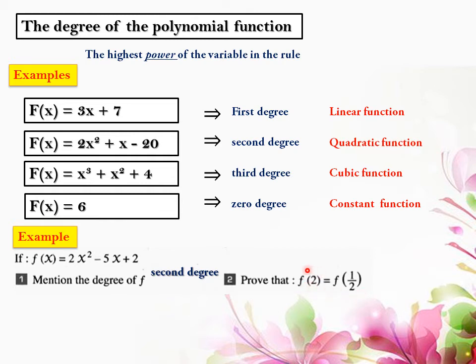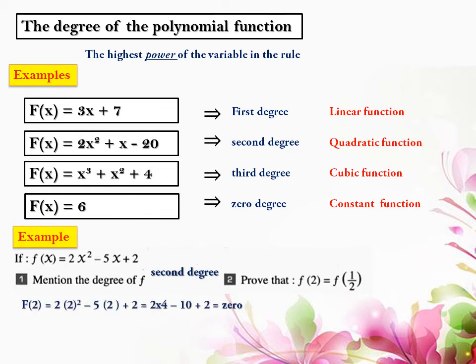Number 2, prove that f of 2 equals f of half. What is the meaning of f of 2? f of 2 is the result if we replace x by 2, which should equal the result if we replace x by a half. Let's see.